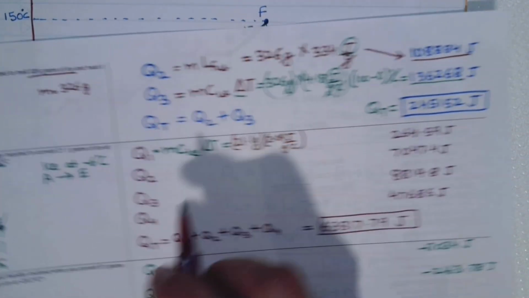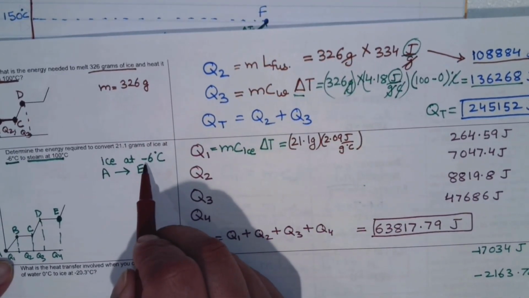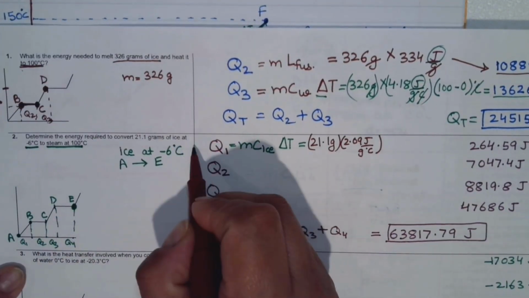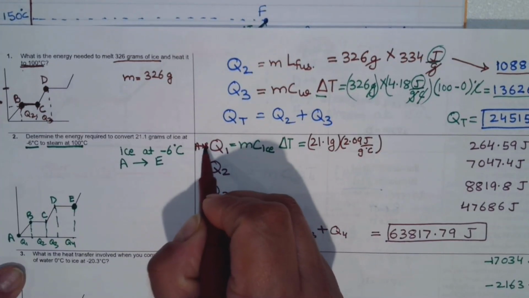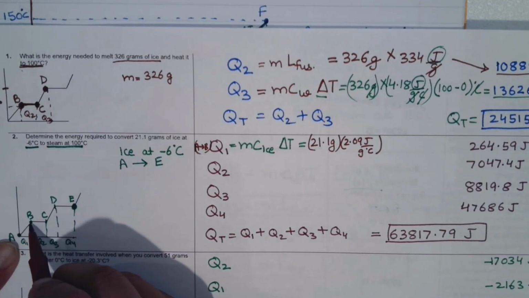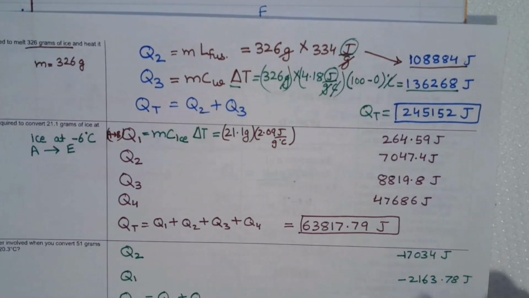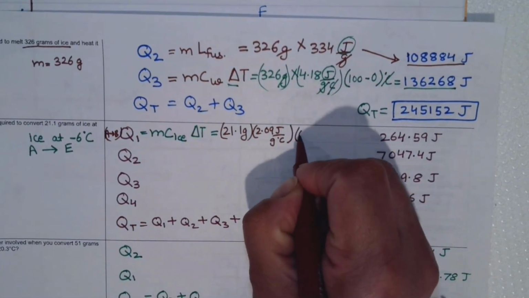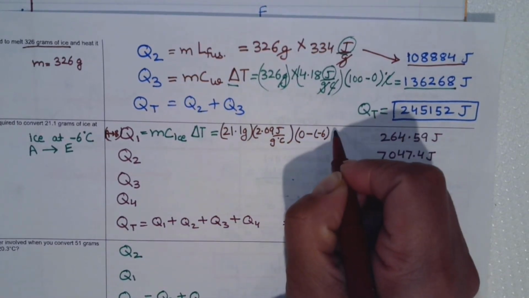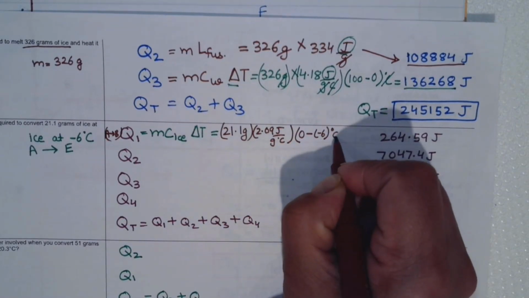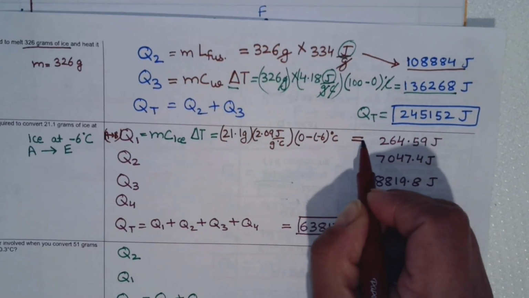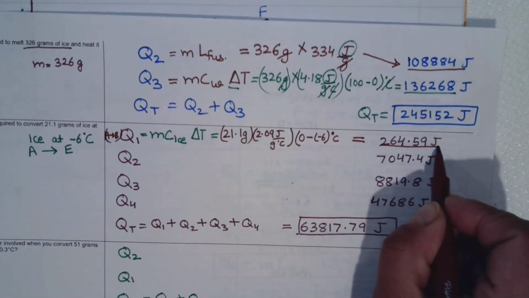And then delta T, since we start at -6 from A to B. We are going from -6, that is the initial temperature, and the final temperature is 0. So delta T would be 0 minus -6. So that would be a positive 6 degrees Celsius. Okay. And when you solve, you are going to get this number right here.